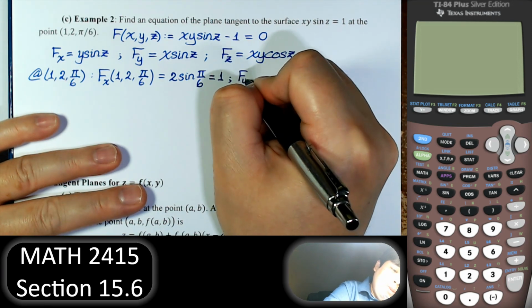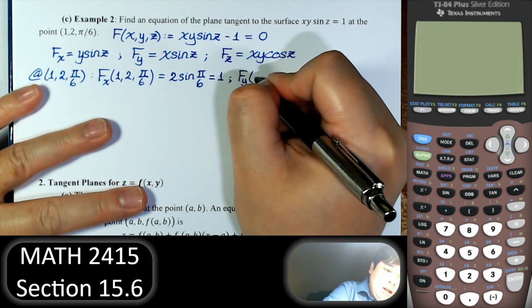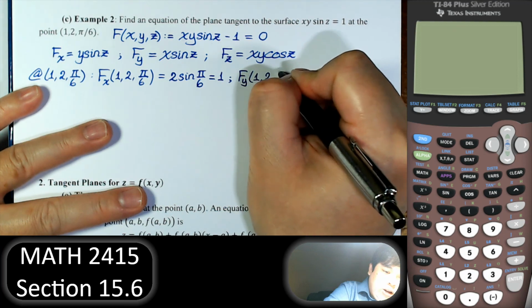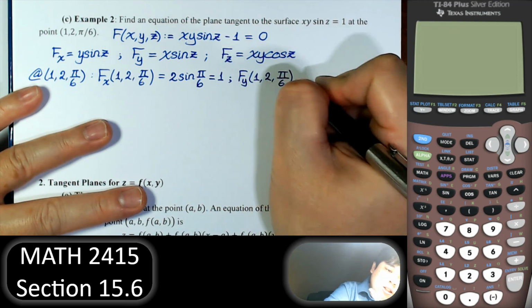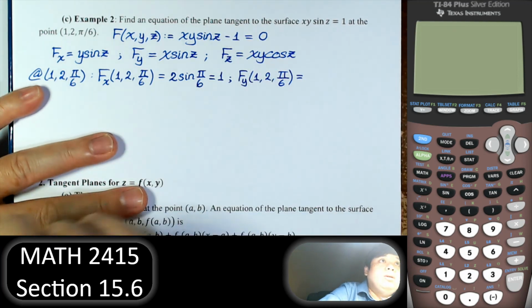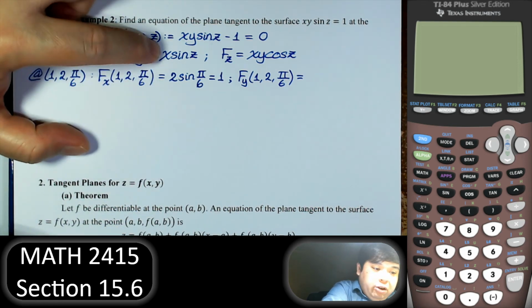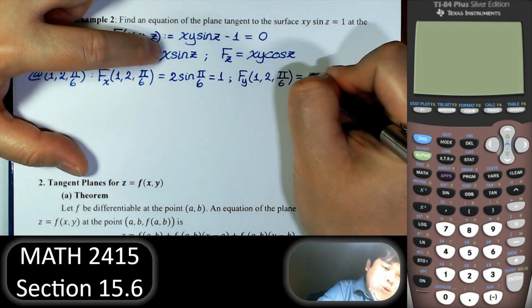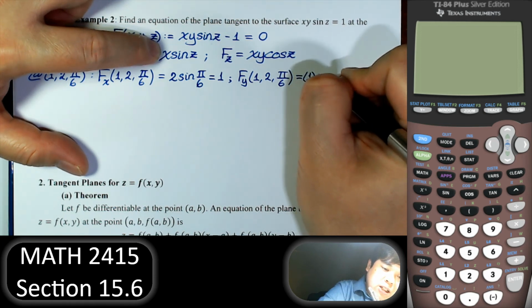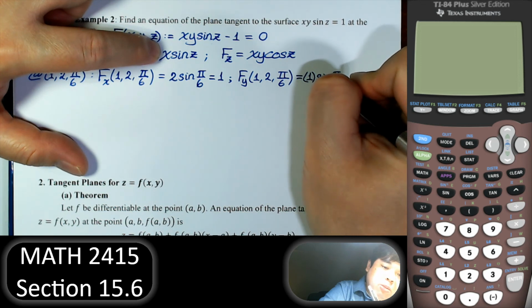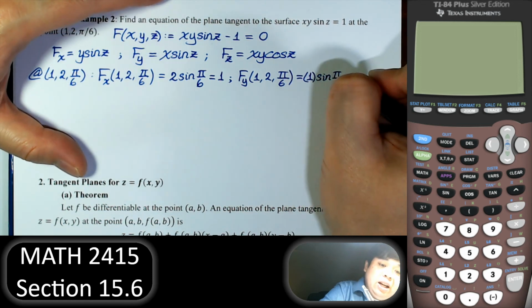Partial derivative with respect to y at 1, 2, and pi over 6. This is the derivative with respect to y. x is equal to 1, and z is pi over 6. Sine pi over 6 is 1/2. And we have 1/2.